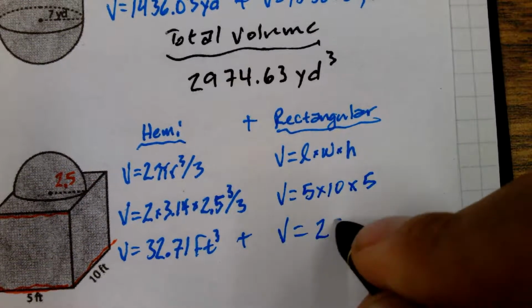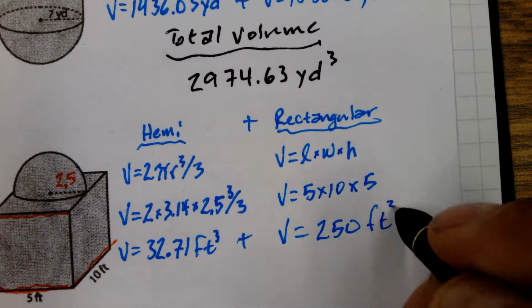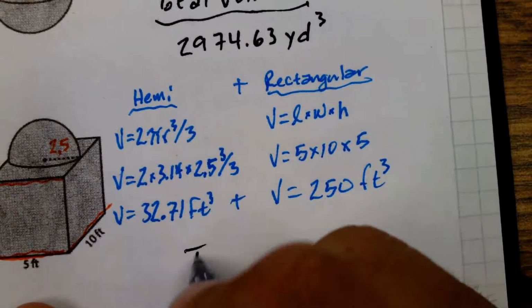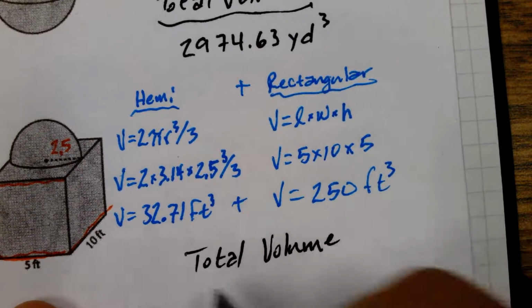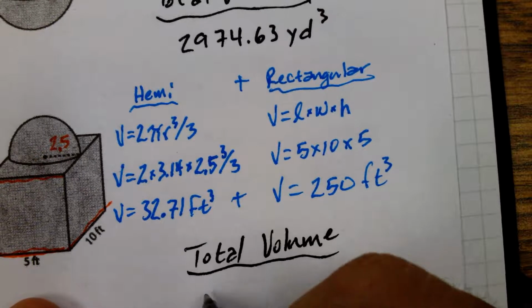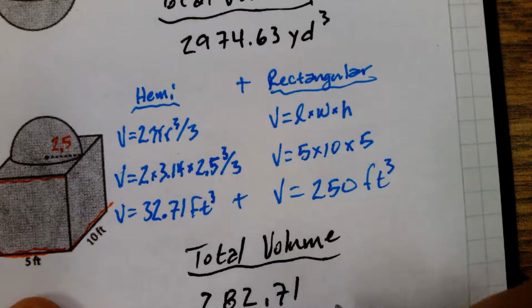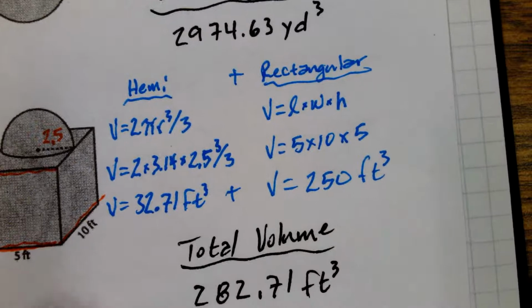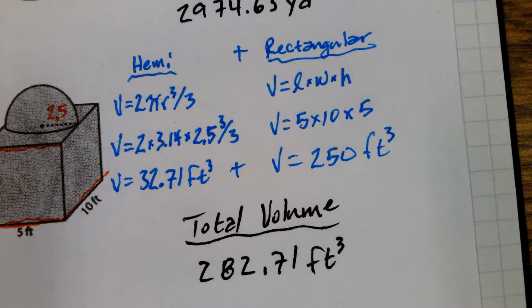And that's 250 cubic feet. Okay, so let's get our total volume. Add those up. And that's 282.71 cubic feet. Ta-da! All right. So the assignment today is a CAMI assignment, but I'm going to give you paper.